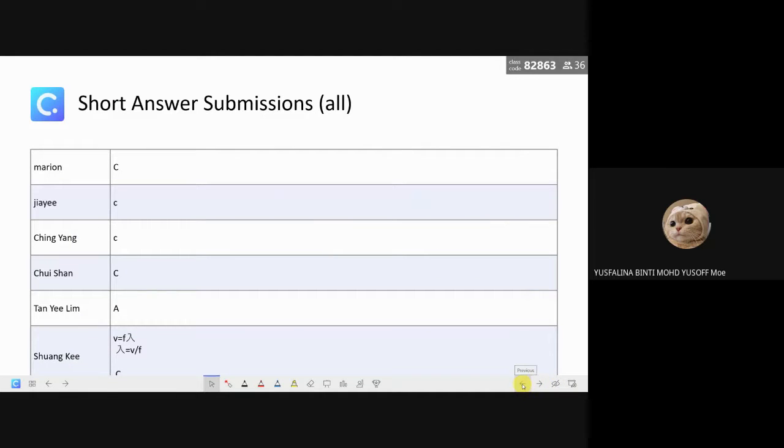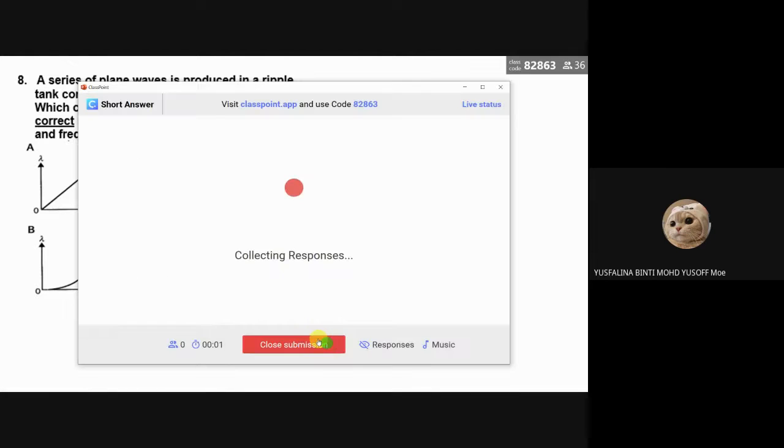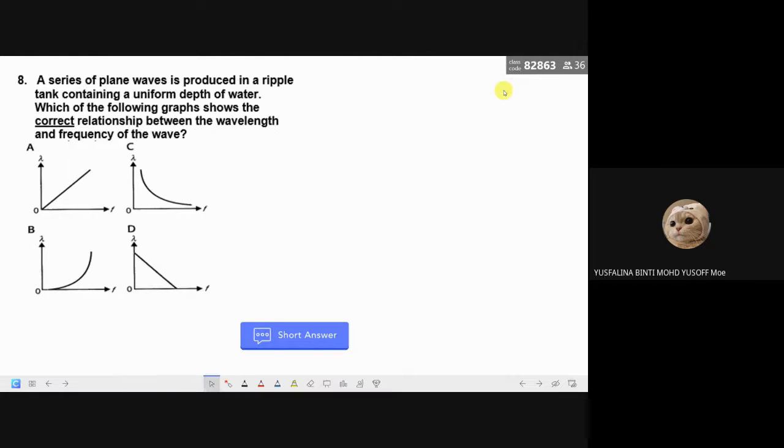So let's check the answer here. V is equal to f lambda, right? If I rearrange the formula, I get lambda is equal to V over f. From here I can see that if my frequency is lower, my lambda, or wavelength, will increase.